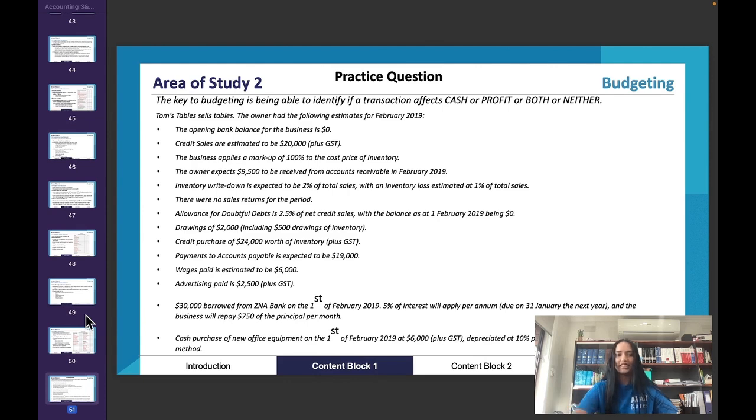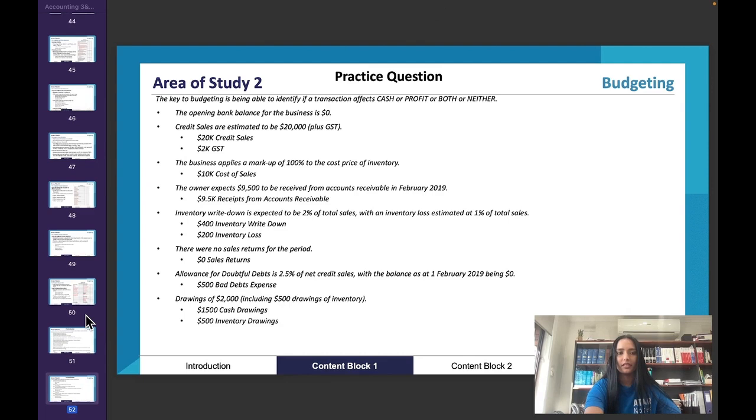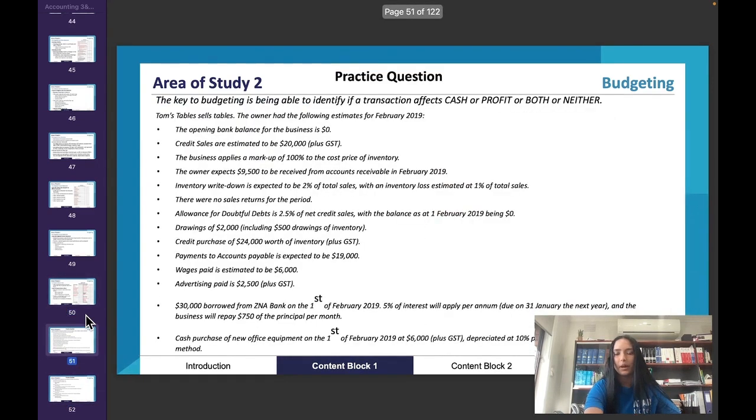So we have a practice question here. Basically, the key to budgeting is, like I was saying earlier, identifying whether a transaction affects cash, profit, both, or neither. And the best way to do this, I would say, is to take colored pens or highlighters, and in your exam, use a color coordinated system.